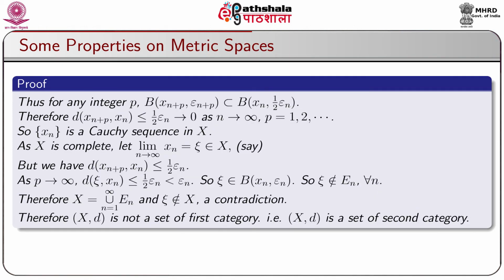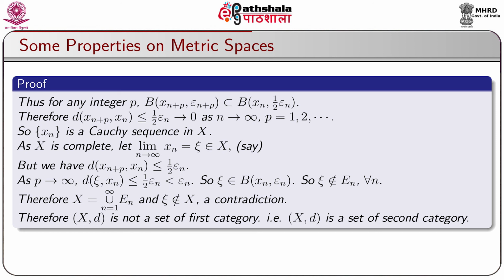Thus, for any positive integer p, B(xn plus p, epsilon n plus p) is within the open ball B(xn, half epsilon n). Therefore, d(xn plus p, xn) is less than or equal to half epsilon n, which tends to 0 as n tends to infinity, whenever p is taken as 1, 2 and so on.